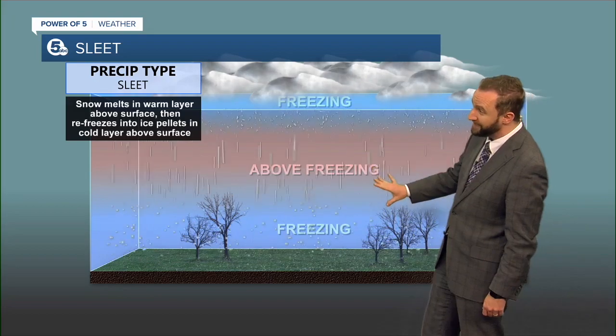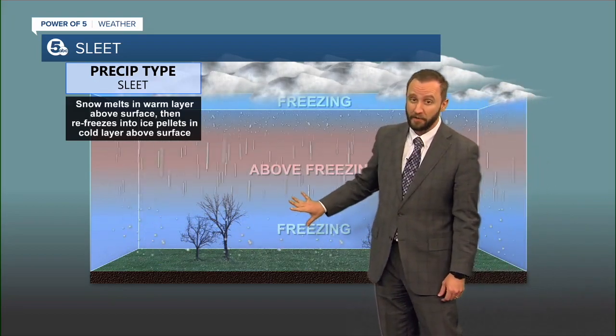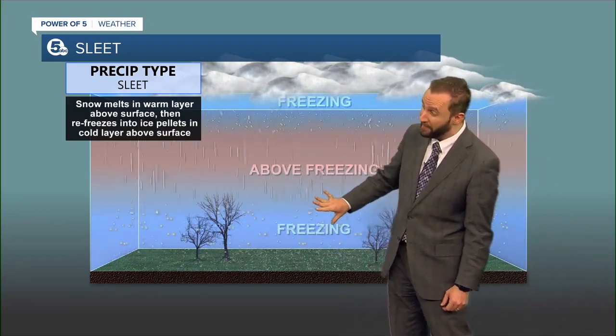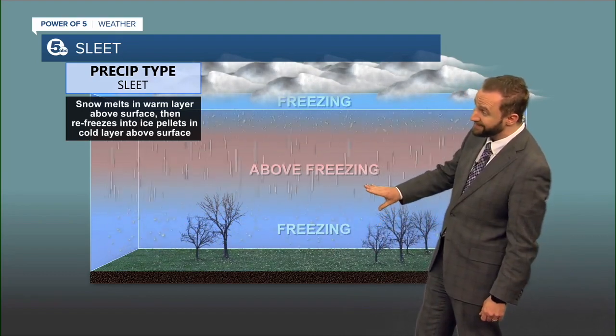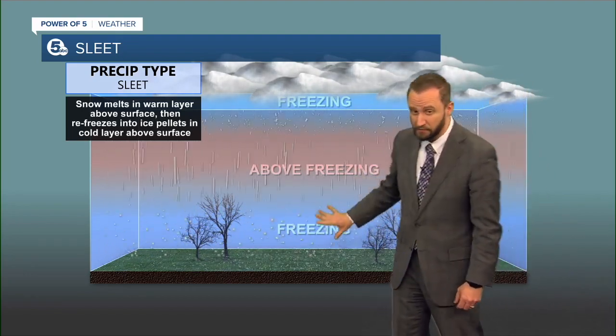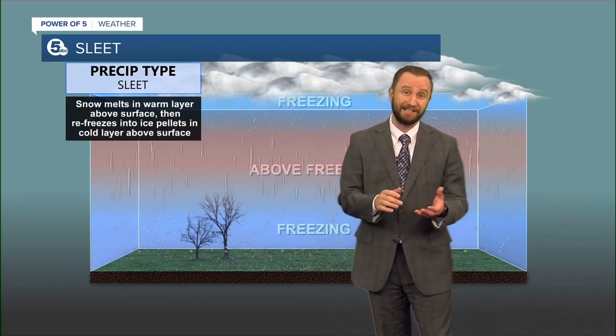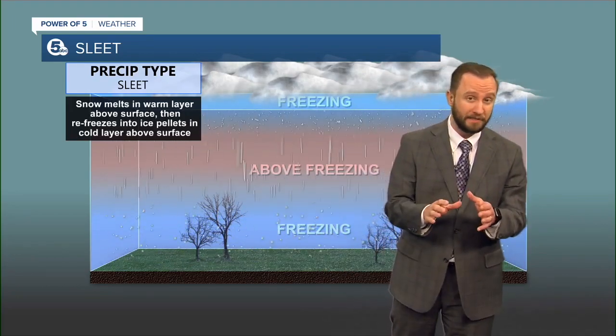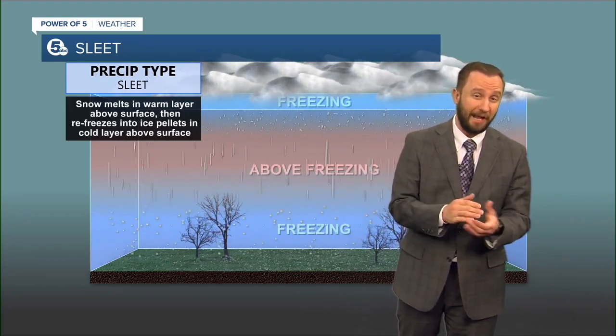So that freezing kind of re-solidifies a lot of those ice crystals into more of an ice pellet rather than at least a raindrop, and that continues to drop to the surface as it is sleet. Hail, a little bit different, and we are looking at those hail videos.